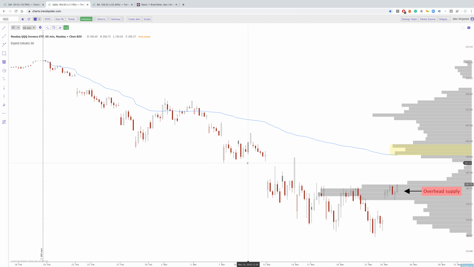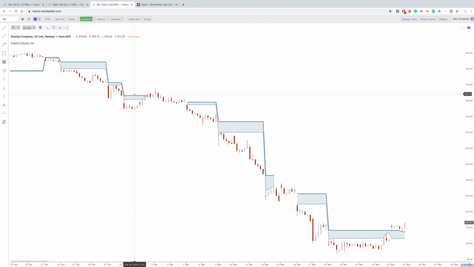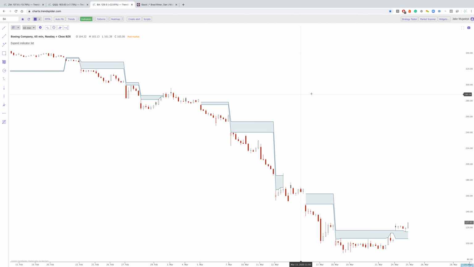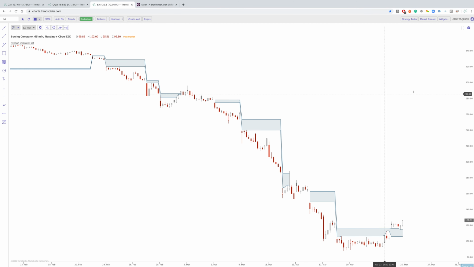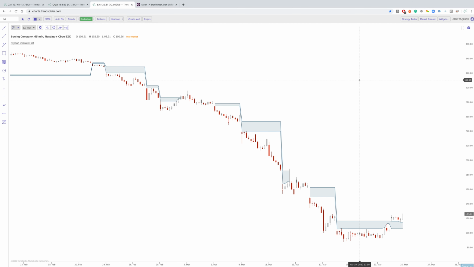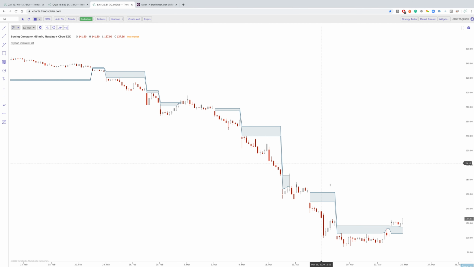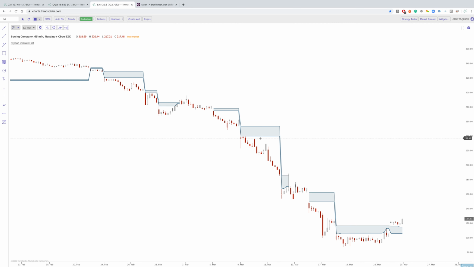If we go to Boeing, this is one that I really am excited to share because this is something that we just implemented. This is a time where we've got probably more gaps in price than we ever had on something like Boeing.